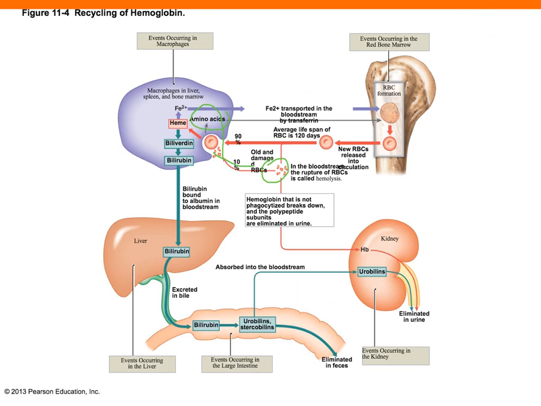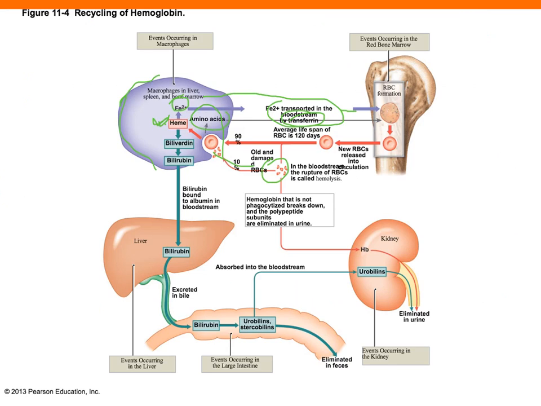And then you have the heme molecule right here, which is stripped of its iron, and that iron is taken from the heme and stored in a macrophage. This purple is a macrophage in the liver. Or it is released into the bloodstream. If it's released into the bloodstream, it binds to transferrin right here, and then that transferrin is used to make new hemoglobin proteins.